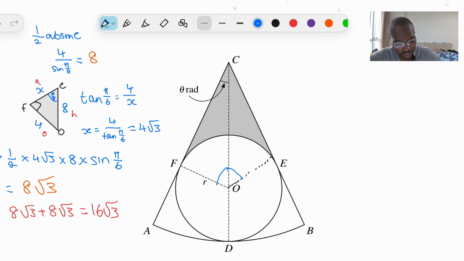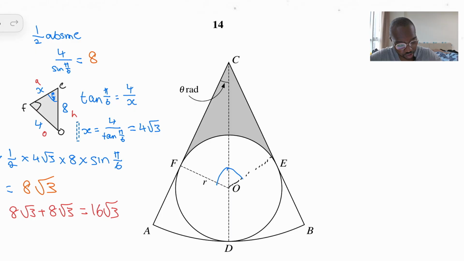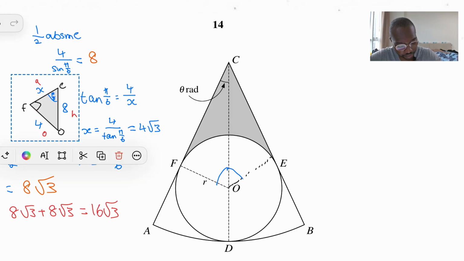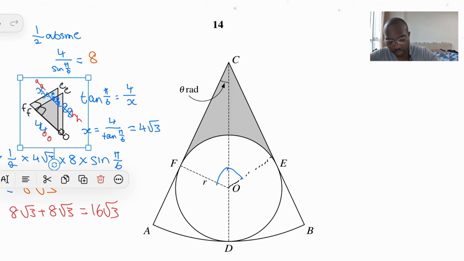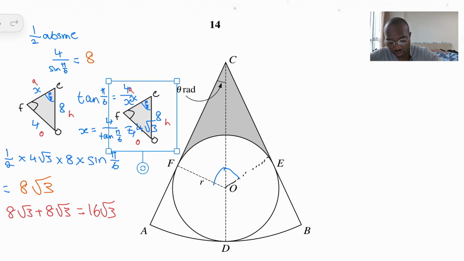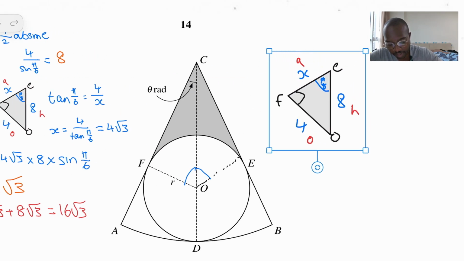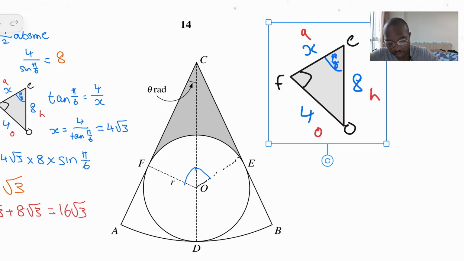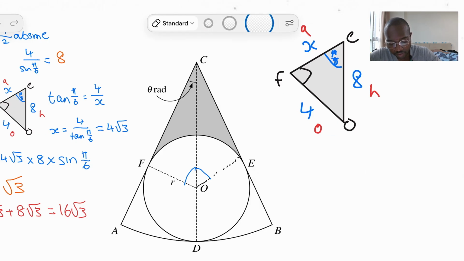If we can work out the angle, we can use the formula for the area of a sector, which is half r squared theta. So let me take this triangle I drew earlier, bring it over here, expand it out a bit, and get rid of some of the stuff we don't need.